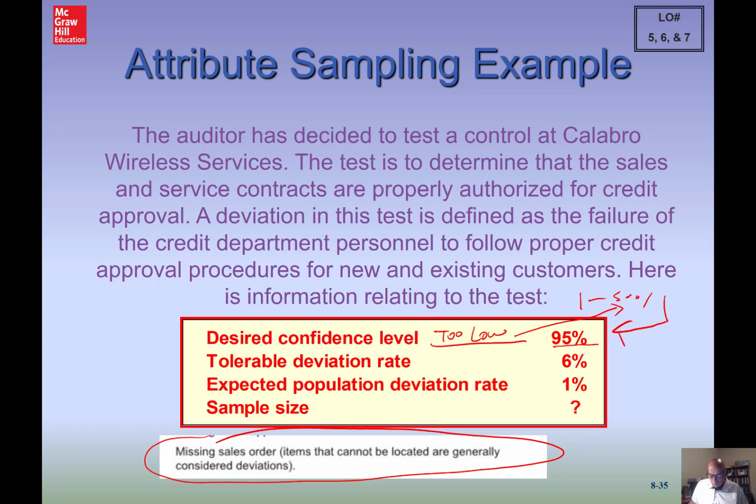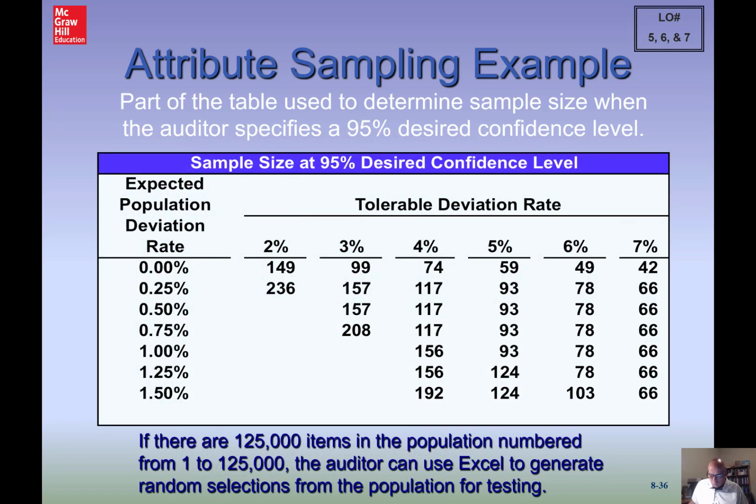So we have these numbers, and remember guys, we're doing this for what? The valuation assertion. So we always look at controls around the valuation assertion. We come in and take a look at the next page, and we have the table, and we're on the 95%.